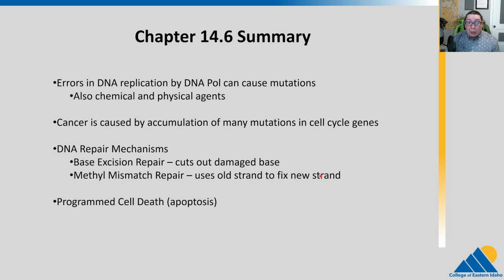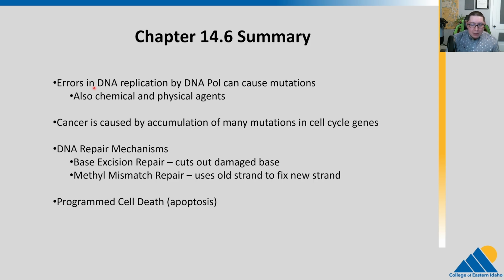Errors in DNA replication made by DNA polymerase can cause mutations, and that's one of the key places that they happen for us. We also have chemical and physical agents that lead to mutations. How many mutations happen because of this? Well, when we look at parents and offspring, we see in a human genome somewhere around 300 mutations.